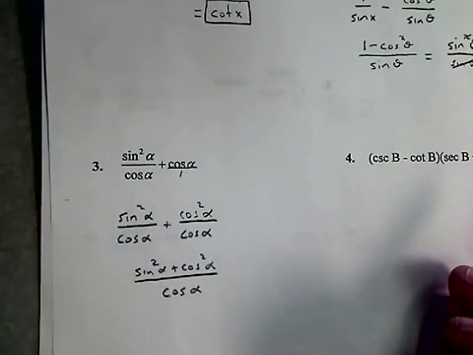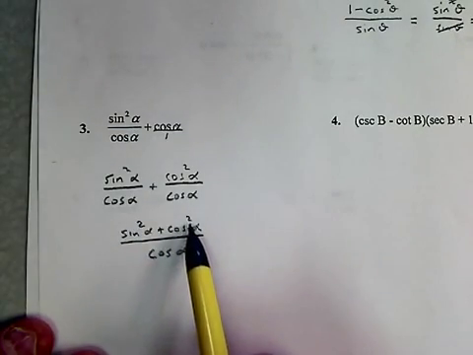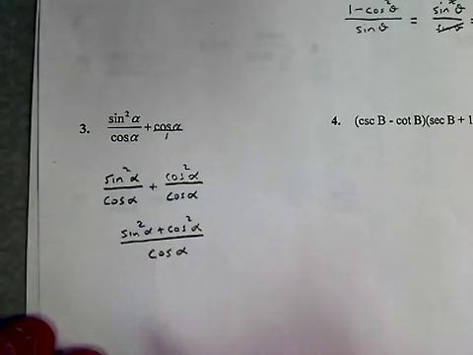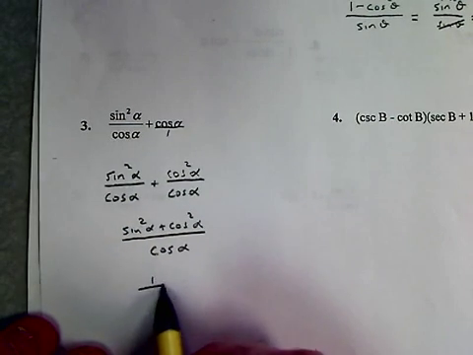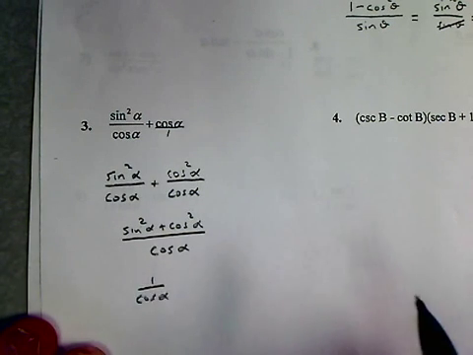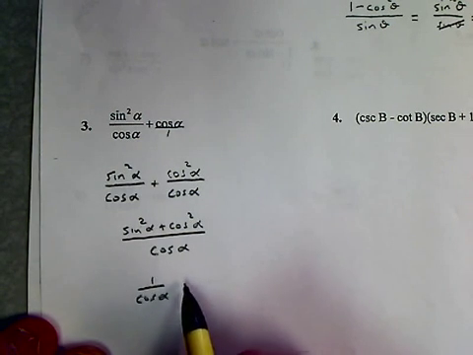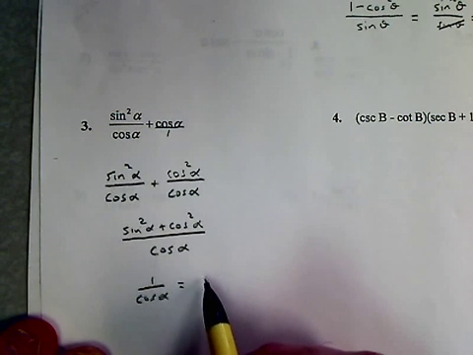And hopefully you recognize from your what to know list on top, sine squared plus cosine squared, or vice versa, since they're being added together, is equal to 1. So this is just 1 over cosine. 1 over cosine is a fraction, and since we're not having fractions on this page, we're going to change that to secant.